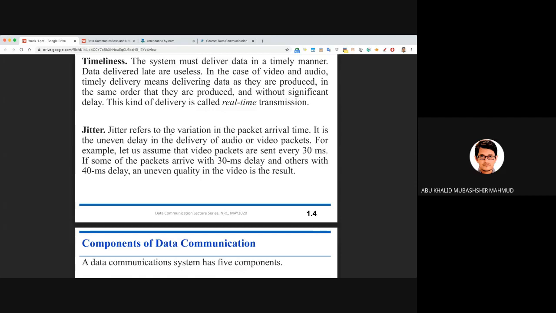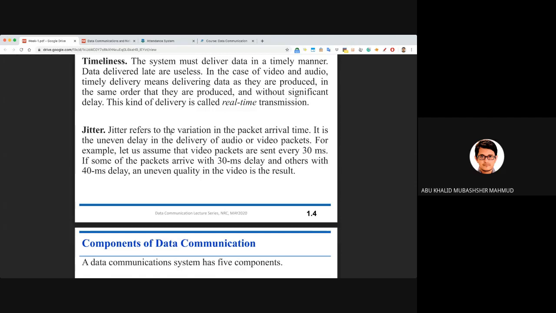There is a time and place for everything. So the formal description here is the system must deliver data in a timely manner. Data delivered late are useless. Remember this line, please. Data delivered late are useless.